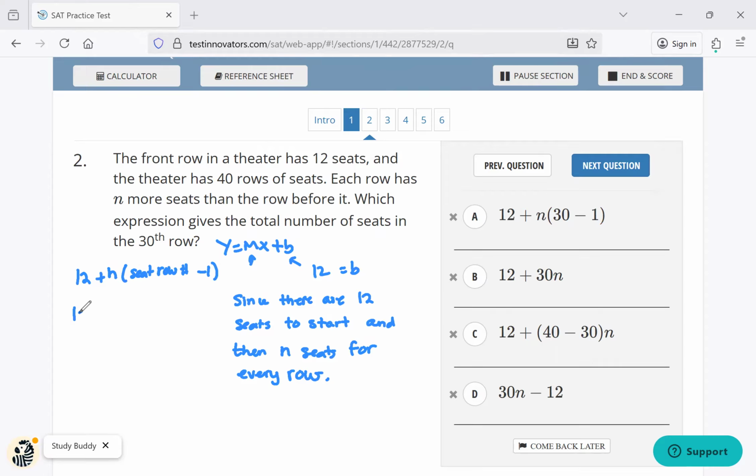So that's going to be 12 plus n, and then my seat row. They want to know the total number of seats in the 30th row, so it's 30 minus 1, and that would be our answer. So I think it's going to be letter A.